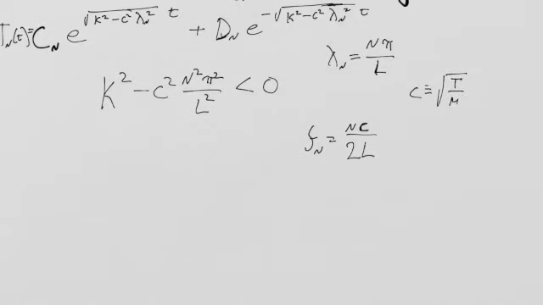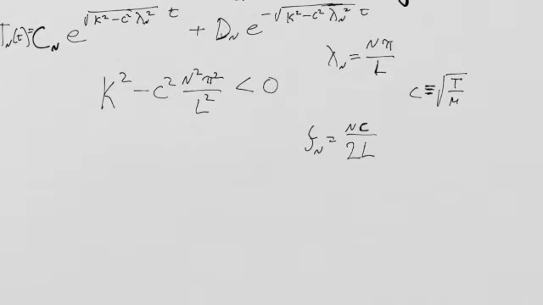So you can see how all of these expressions ultimately get traced back to their physics: the tension on the string, the mass density of the string, the scale length of the guitar. C is just a convenient way of writing that down, but it ends up being the speed of propagation on the guitar. K is now this new thing for damping. That's the amount of damping, and we now know that K is sort of the 1 over e limit of the damping.